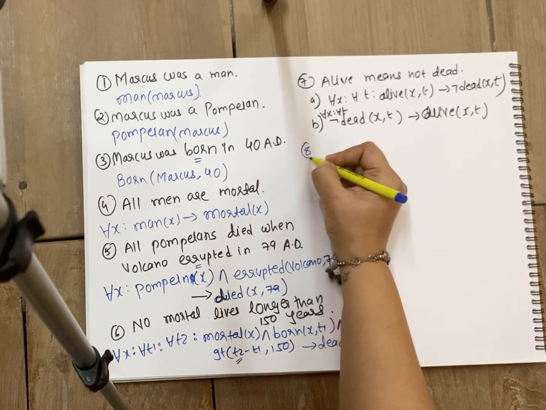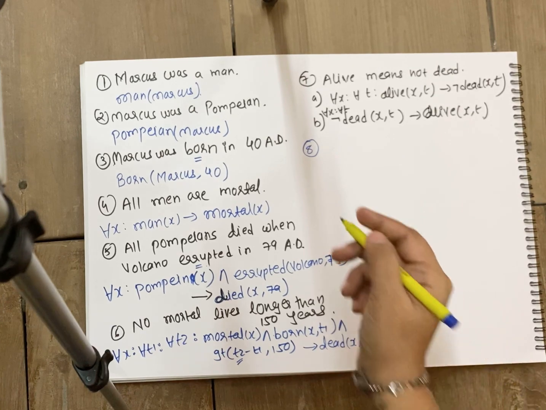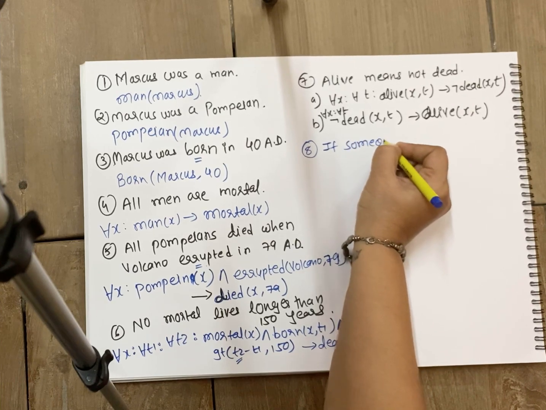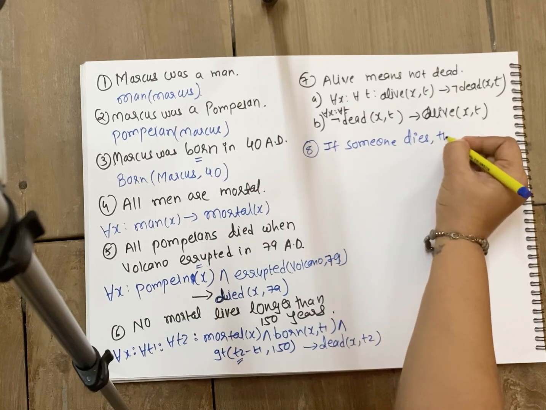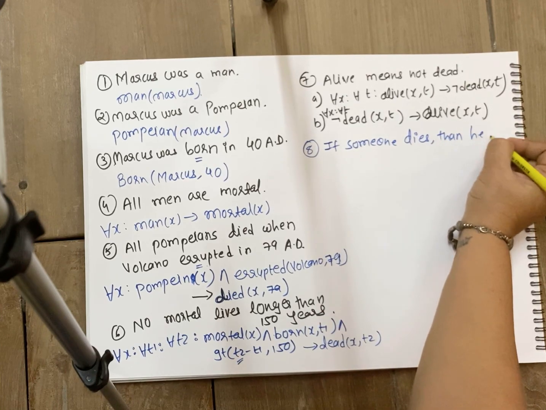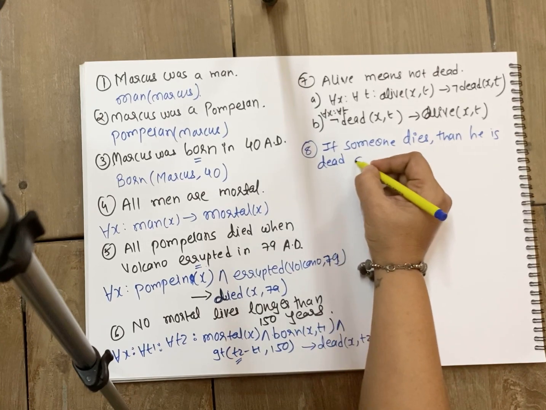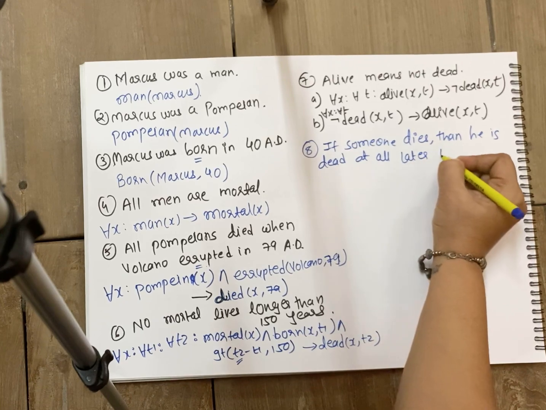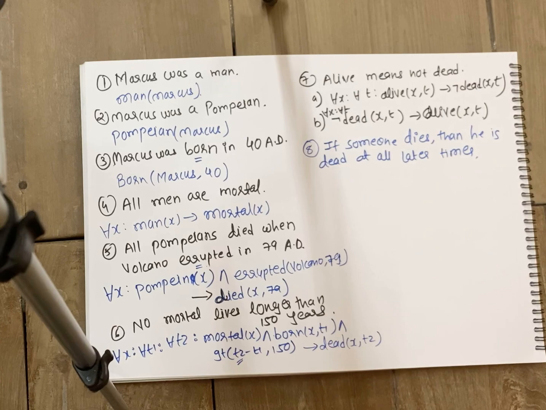That is what the computer is not going to understand. You have to explicitly say it. So if someone dies, then he is dead at all later times.